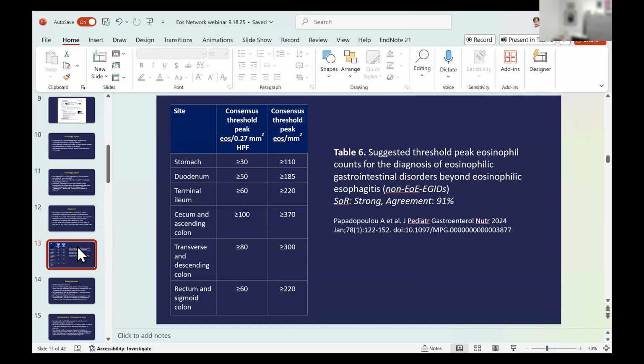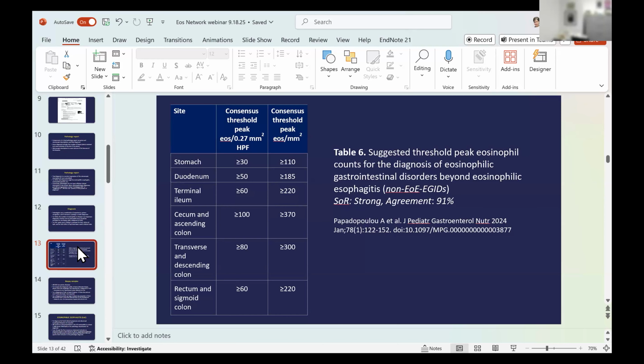This is a table from a paper that was published in January of 2024 about children and recommending the threshold value for a diagnosis of EoG and EoD and enteritis and eosinophilic colitis and so on. Please don't look at the numbers in the right-hand column because they're scary. They scare me to look at them, but they're per millimeter squared, which is bigger than a high-power field.